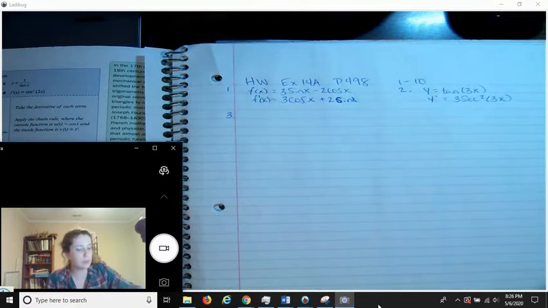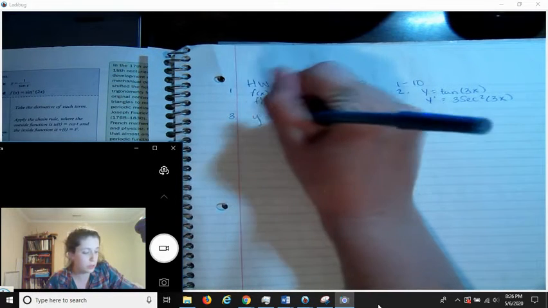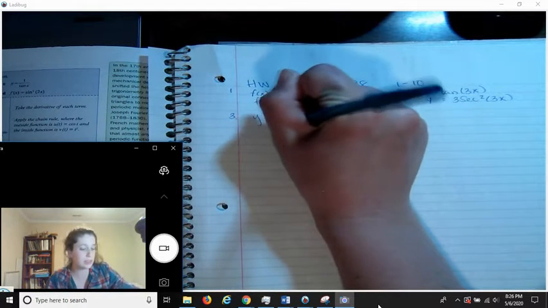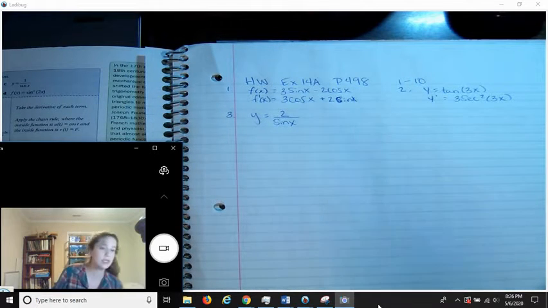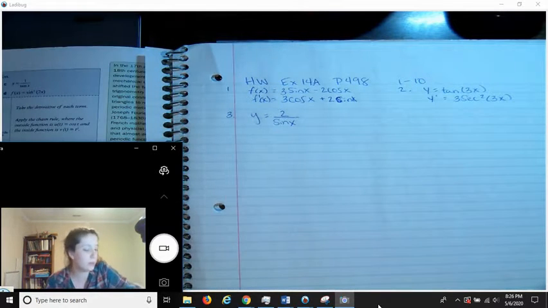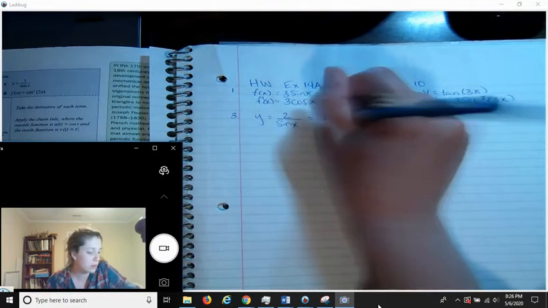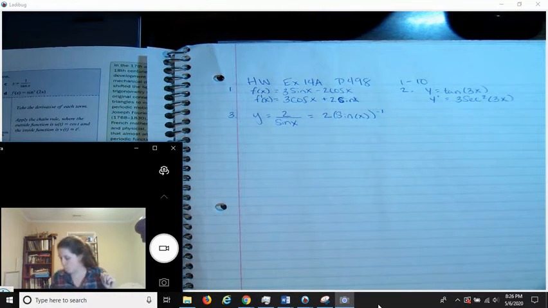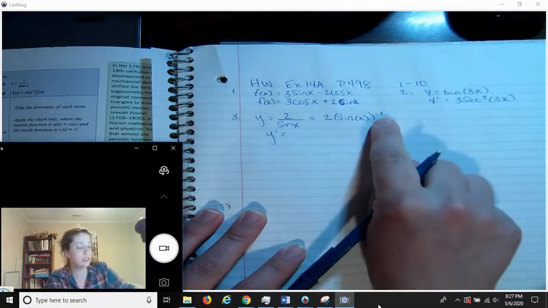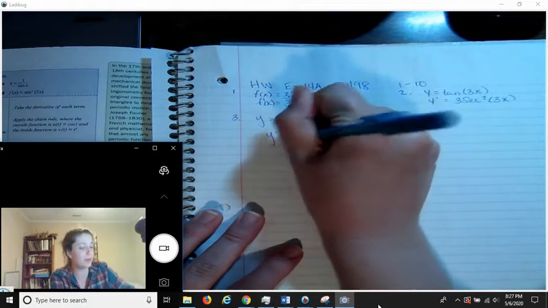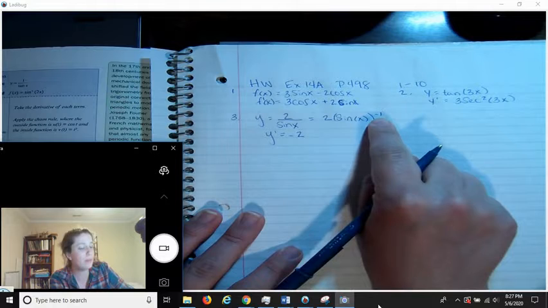Okay. Let's do number 3. Number 3 is y equals 2 over sine x. So this is actually a composite function question. A lot of you rewrote it like this: 2 times sine of x to the negative 1 power, and that is correct. When we take the derivative, we want to do the outside first. I'm going to bring this power down front.